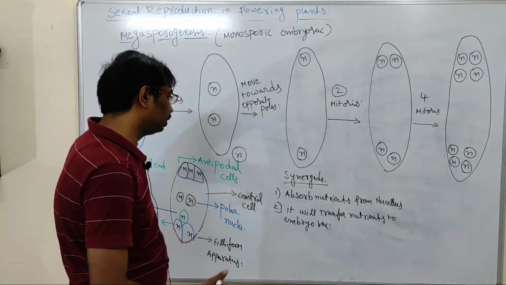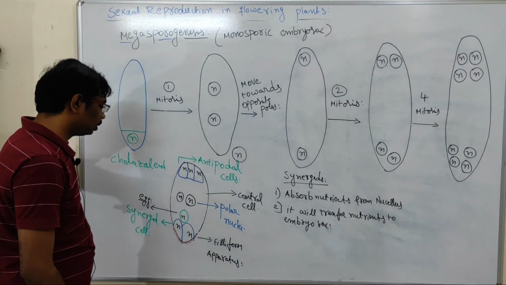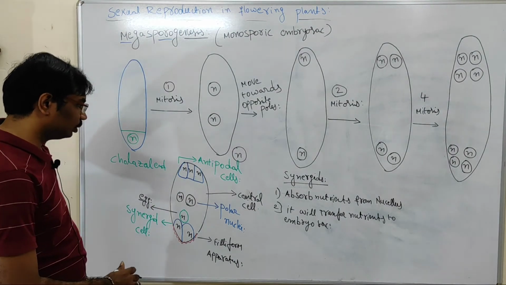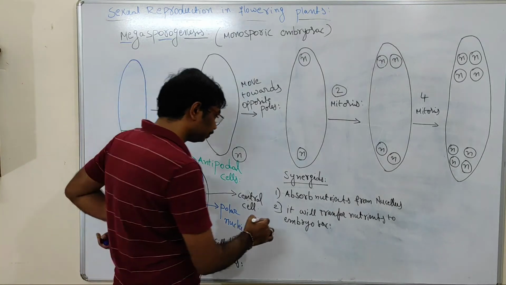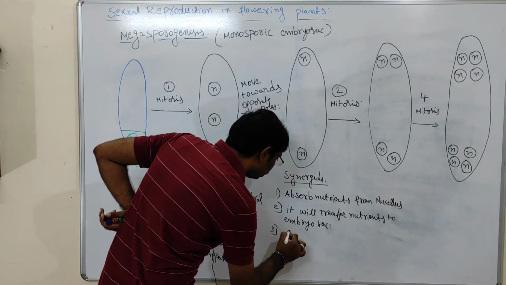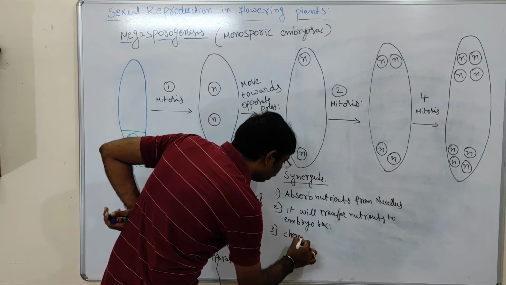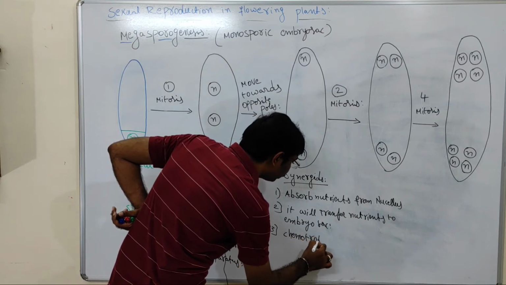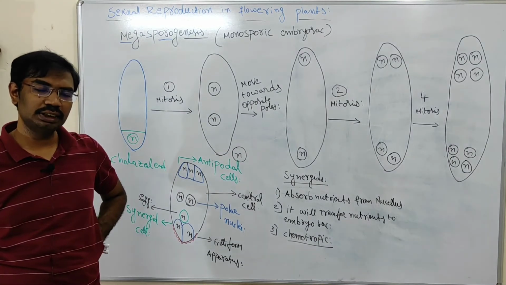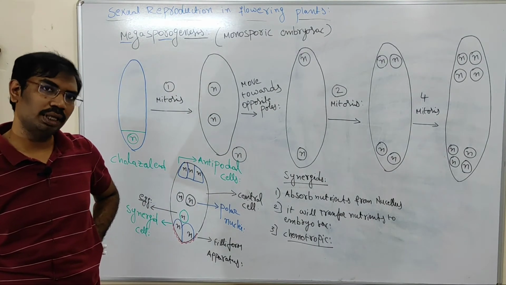Not only that, the synergids produce some chemicals, which are called chemotropic chemicals.